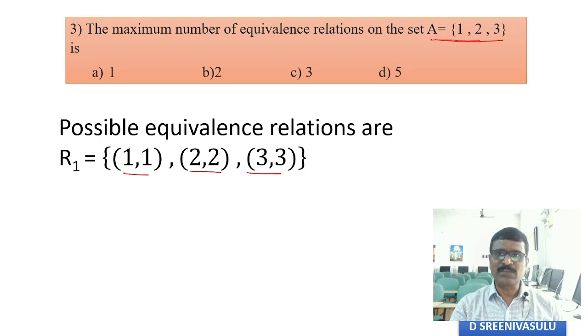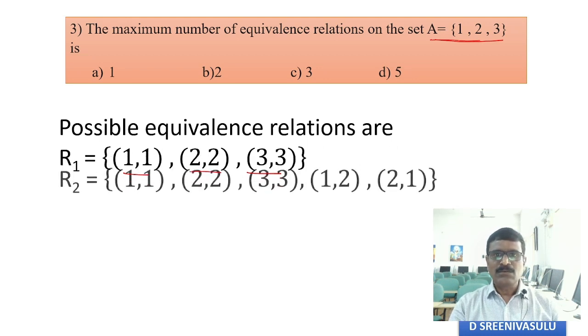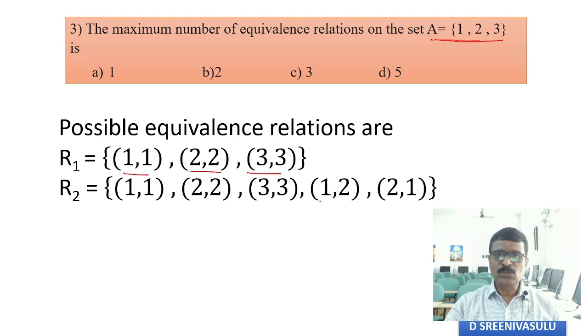Therefore, it is an equivalence relation. Then add these two elements (1,2) and (2,1). It is symmetric, and (1,1) is also there. It is transitive. Reflexive is there, symmetric is there, transitive also is there.